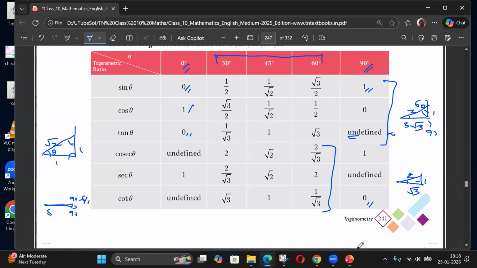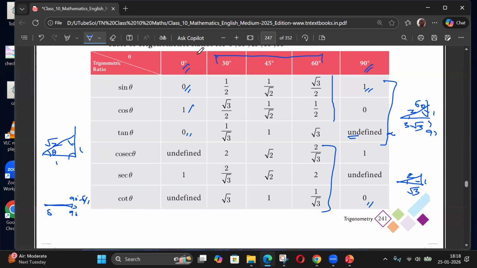So when angle is small, sine will be small, sine will be 1 by 2. This is root 3 by 2. Root 3 is 1.732, so 1.732 is more than 1. When the angle is increasing, sine will start picking up. So at 60, sine will be root 3 by 2, and then cos has decreased to half.